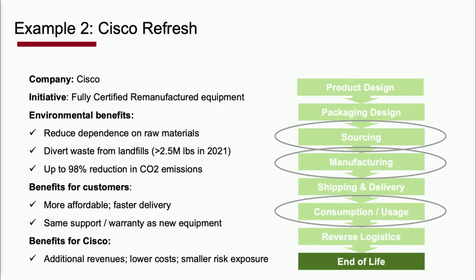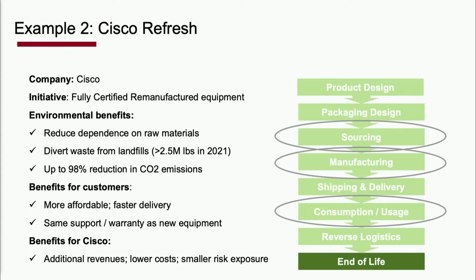The environmental benefits include a reduction in the dependence on new raw material because most of this equipment is pre-existing. Also for the same reason, because you're reusing the same piece of equipment, you divert those materials from reaching landfills.